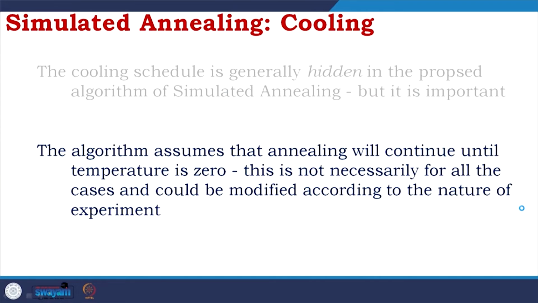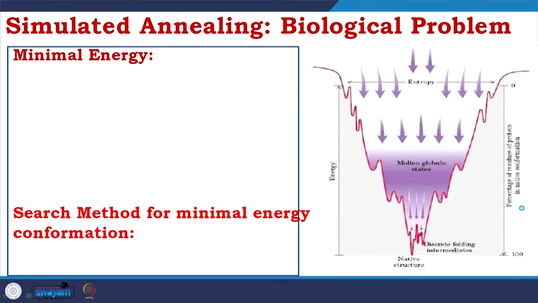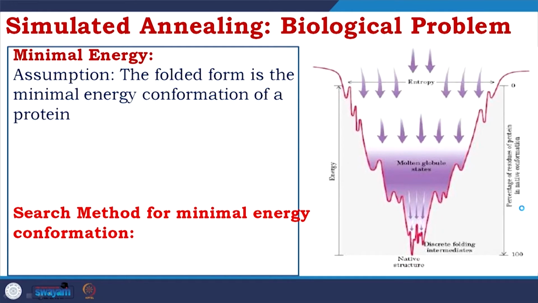The algorithm assumes that annealing will continue until temperature is 0. This is not necessary for all cases and could be modified according to the nature of the experiment, the nature of the macromolecule, and the experimental condition you are looking for. So, in simulated annealing, the assumption is that the folded form is the minimal energy conformation of a protein.